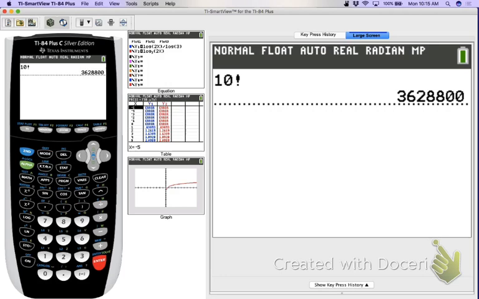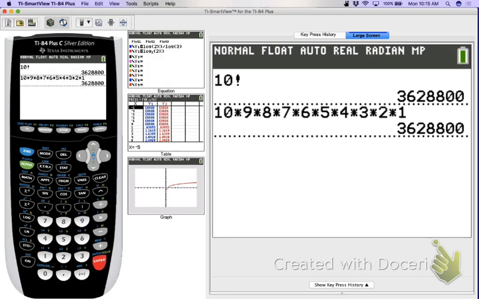This saves you from going 10 times 9 times 8 times 7 times 6 times 5 times 4 times 3 times 2 times 1. You're going to get the same value, but you don't want to have to type in 10 different values and hit the multiplication sign 9 different times whenever you can do this so much easier.